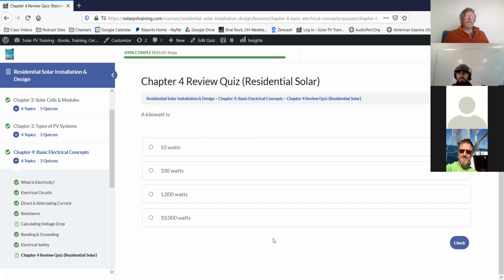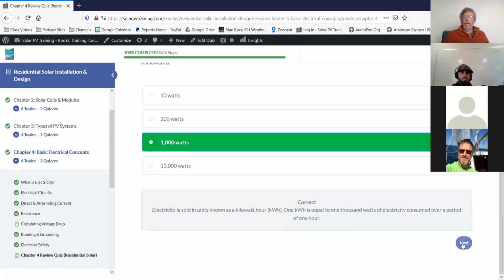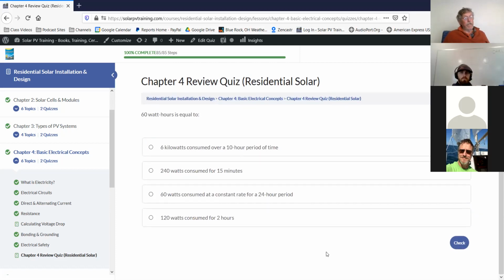A kilowatt is just 1,000 watts. So welcome to the metric system, 1,000 watts a kilowatt, and we of course have kiloamps, kilometers. For watt hours, the best way of figuring it is watts times hours.